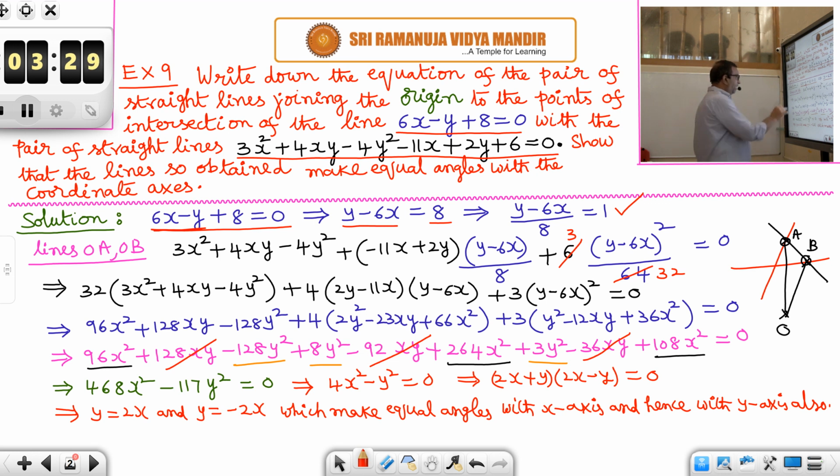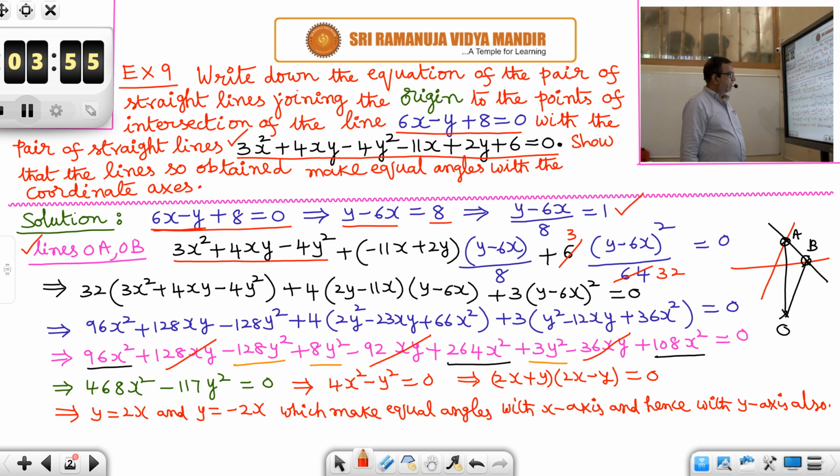So lines OA, OB are obtained by homogenizing the equation of the curve. Here the curve is a pair of straight lines. Homogenizing the equation of the curve with the help of the equation of the line. So we take the equation of the curve, this black equation. The second degree part, you know, we don't touch.